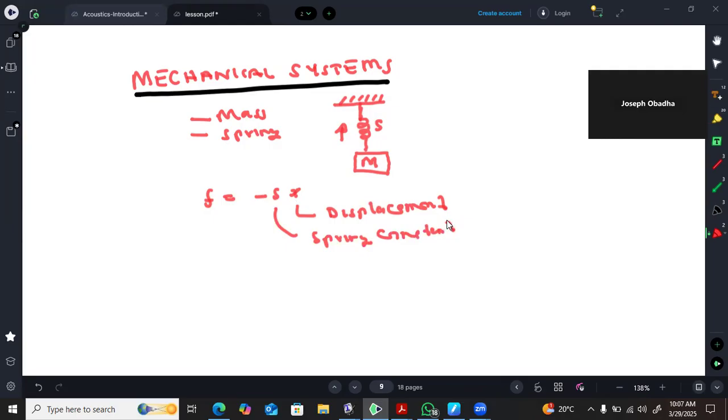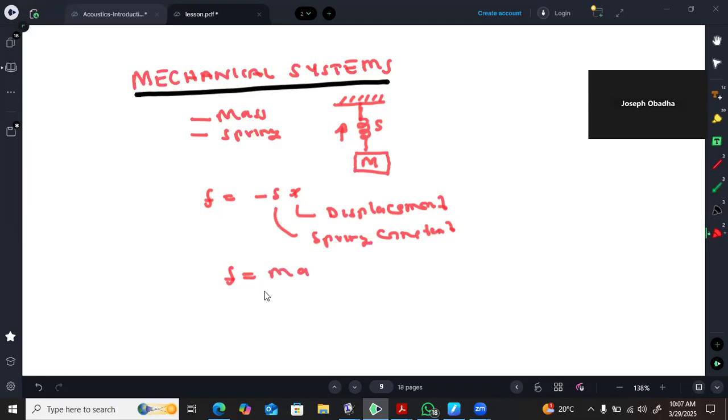So of course we know that you can relate the F there with the equation F equal to MA.